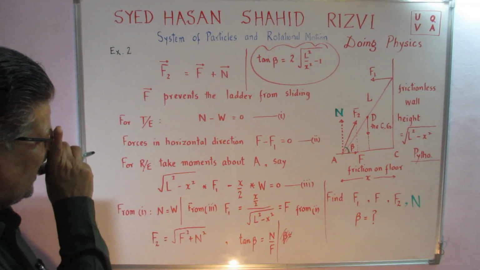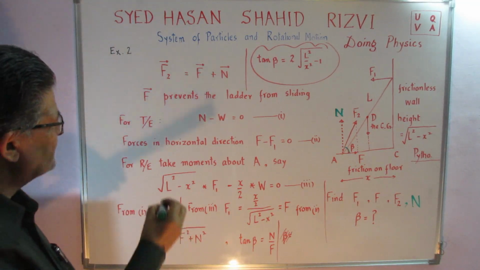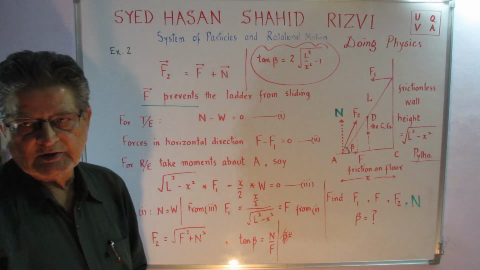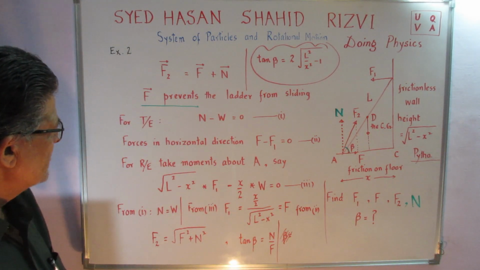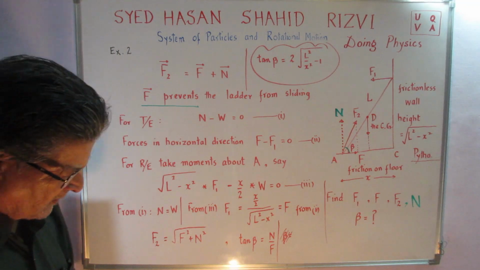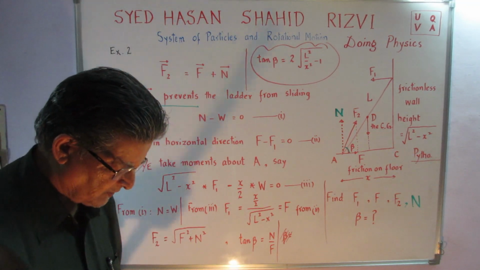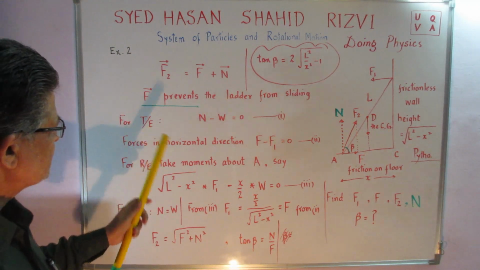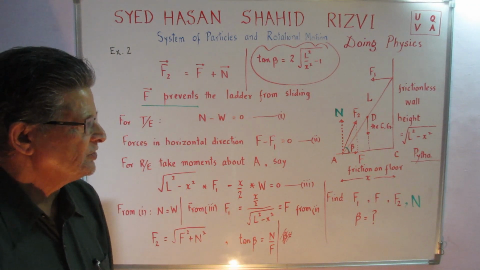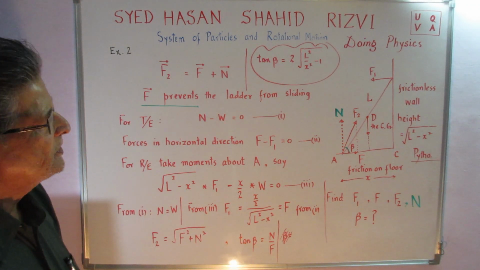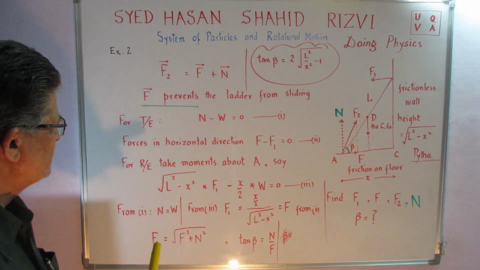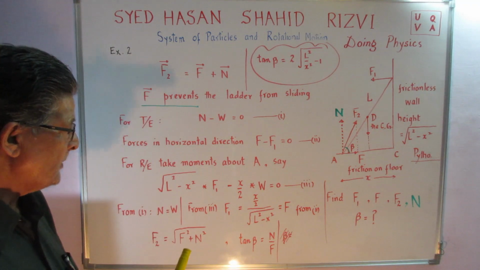Now this F prevents the ladder from slipping. And now I write the equation, this is the habit that we must make. First of all, we should talk about the translational equilibrium. There is no translation, there is balancing, and there is a case of total equilibrium.